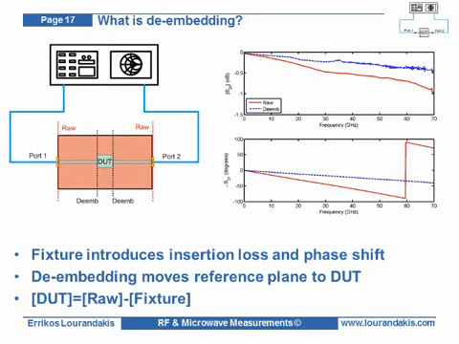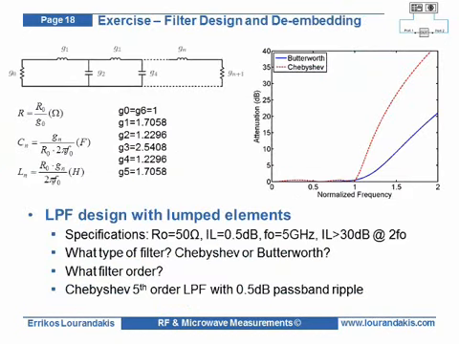The de-embedding can be performed directly by the network analyzer by inserting the S-parameters of the feed lines. After a successful de-embedding procedure, we get the original DUT S-parameters. Let's discuss this topic further by considering a simple filter design example.